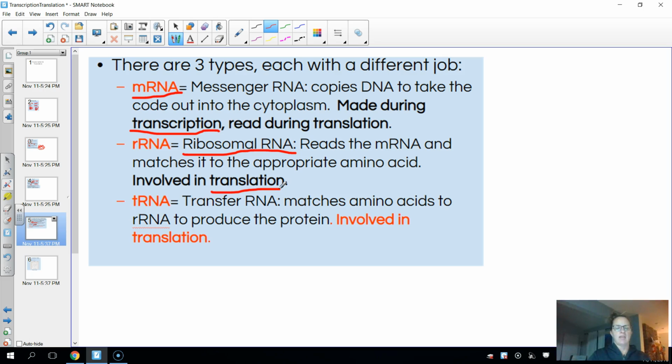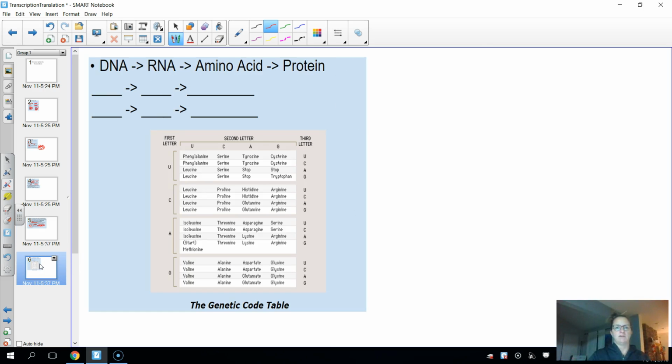And then there's another RNA friend called tRNA, which will match the correct amino acid that gets translated from that sequence. When I talk about an amino acid, what I'm talking about is this table that we're going to become very used to, and how to use it.